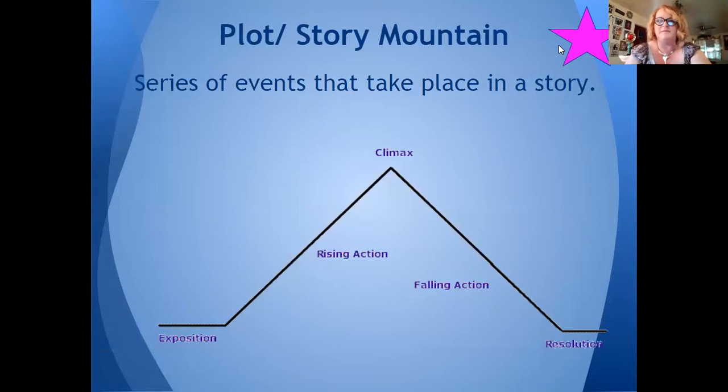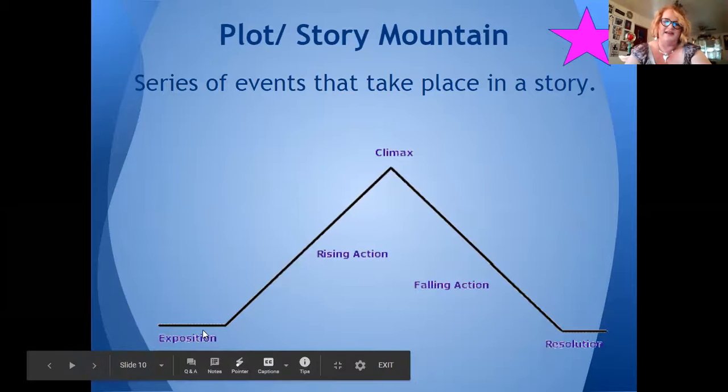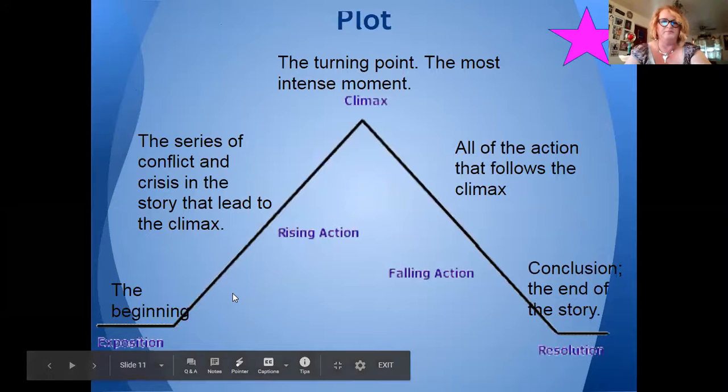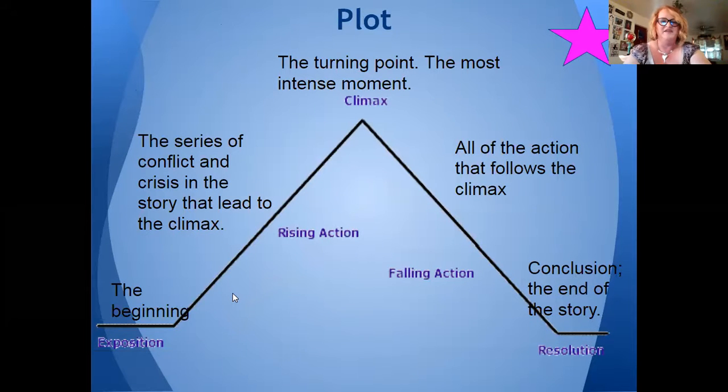All right, so this is our plot, our story mountain. We're going to be doing this a lot in 6th grade. Our setting is here in the exposition. That's our setting and our very beginning. Our rising action is where our conflicts start to build. We might have just one, we might have a few.